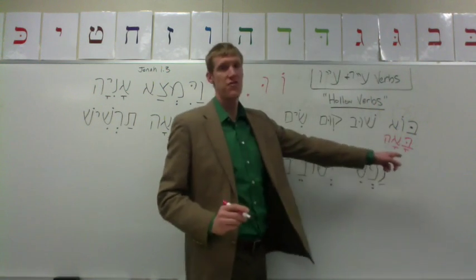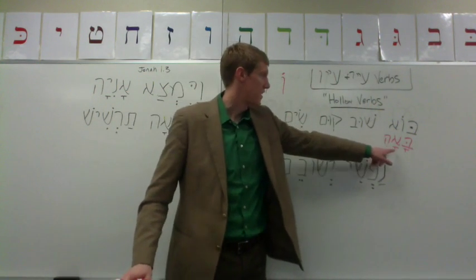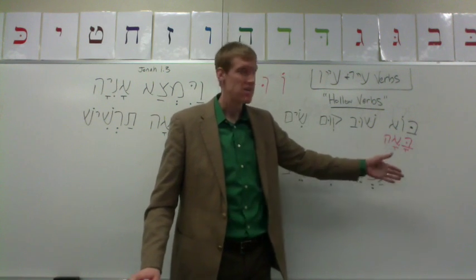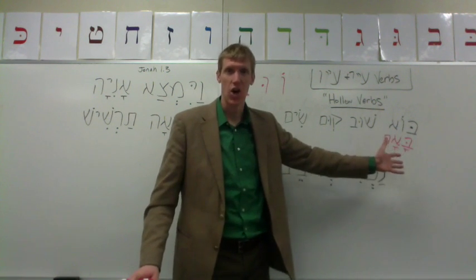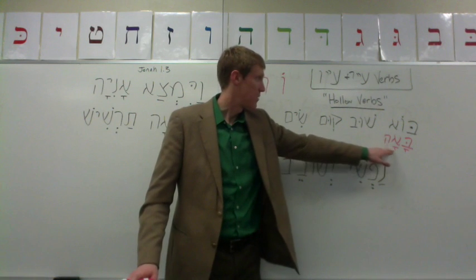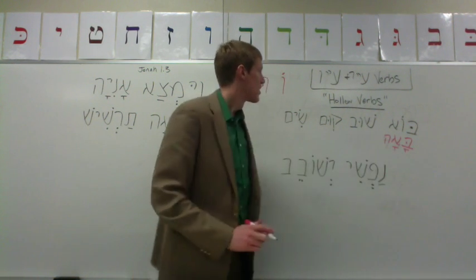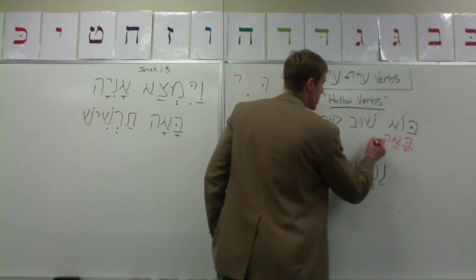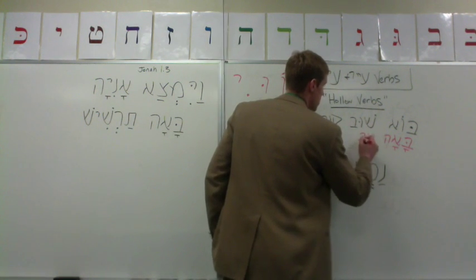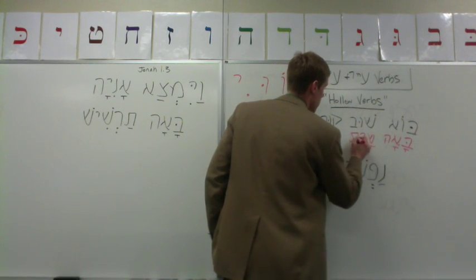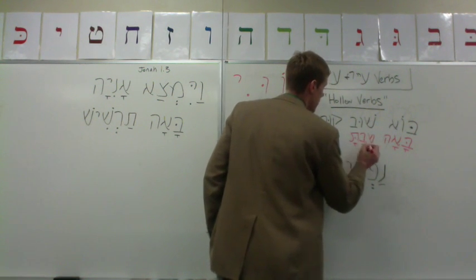So this is a third feminine singular perfect from bo, ba'a. You notice the vav is entirely gone, but it still has the qamets hey ending, and there's your qamets. For shuv, we could try shavta. Right, shavta.